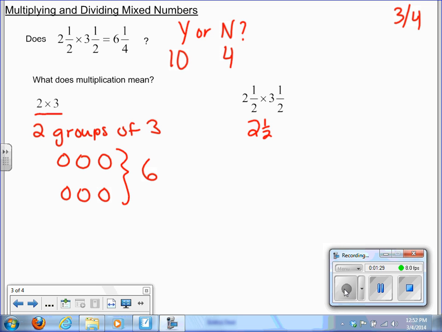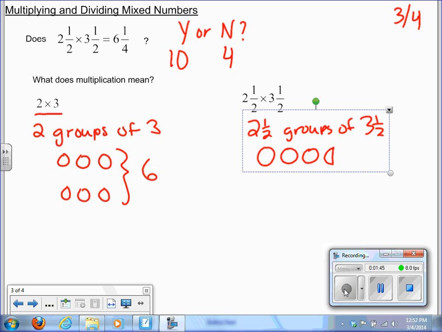2 1/2 groups of 3 1/2. Okay, well, here's one group of 3 1/2, and make like a half circle.